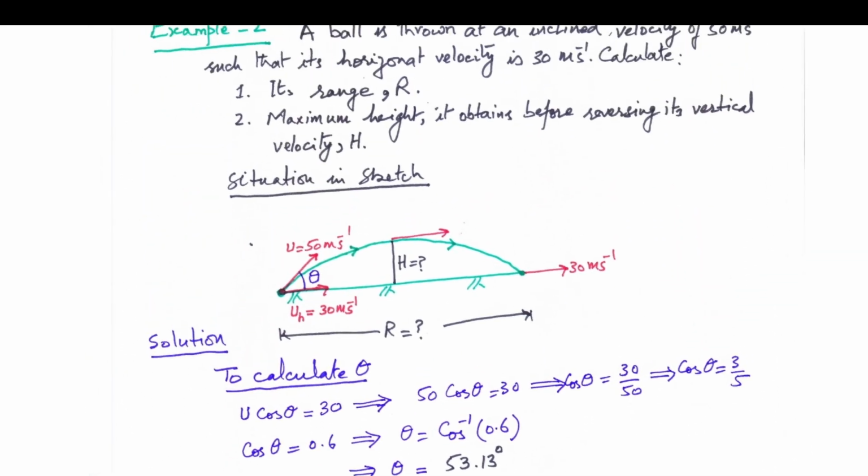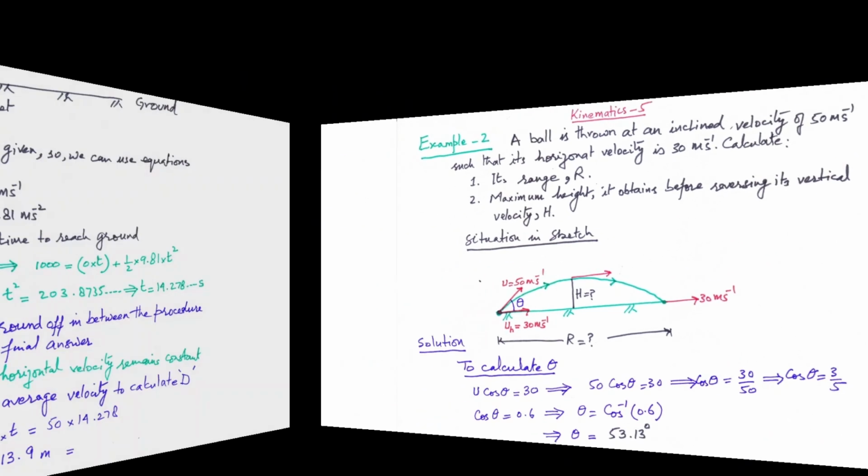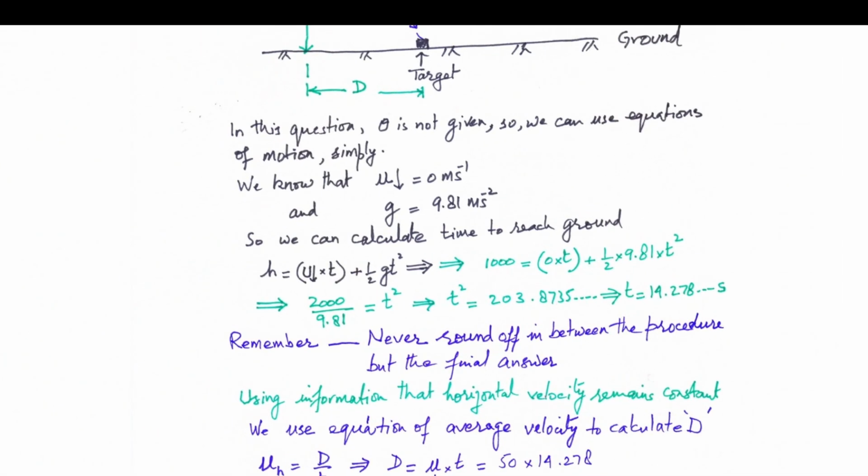In this numerical, there could be another part in which the final velocity or resultant velocity would have been asked when the bomb hits the ground or target. And you know that we could use the vertical component, in which we could use v is equal to u plus gt.